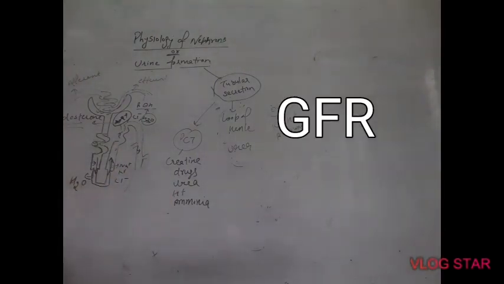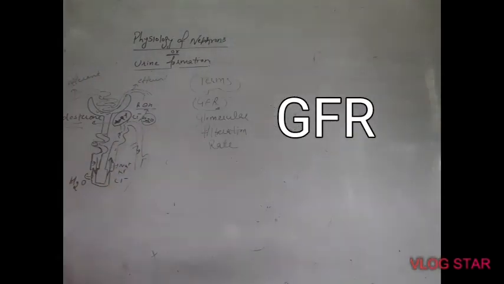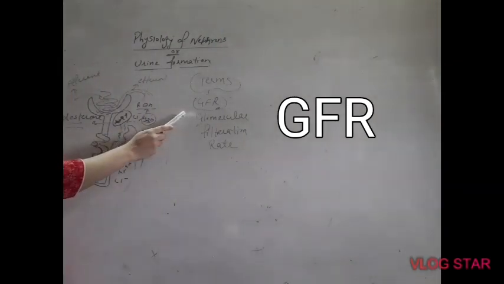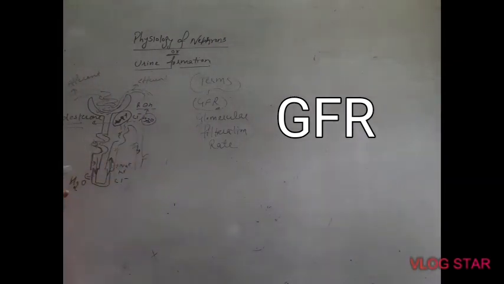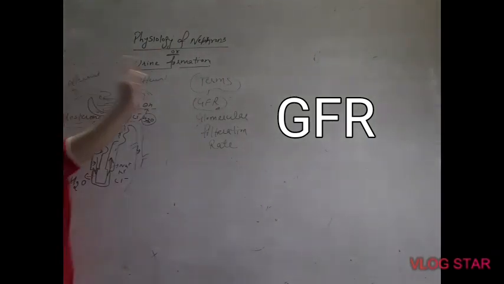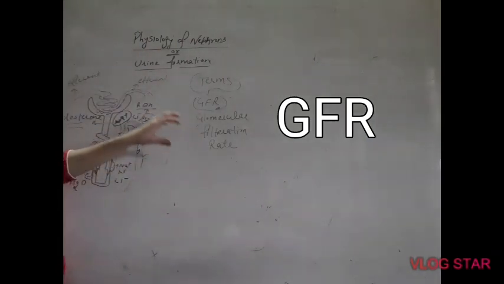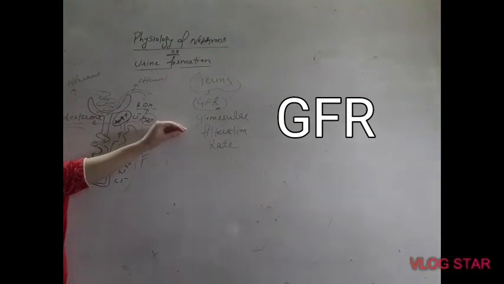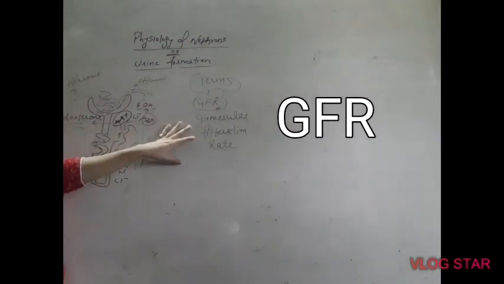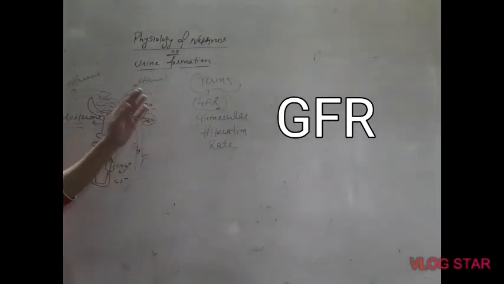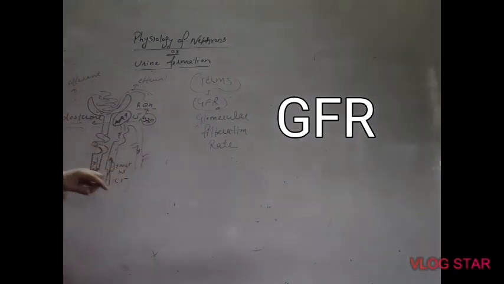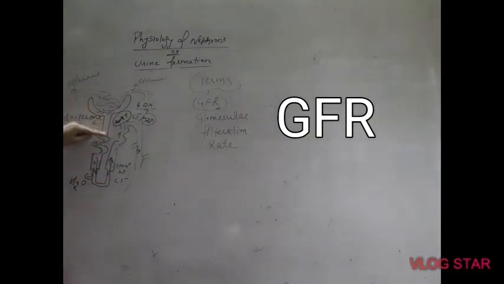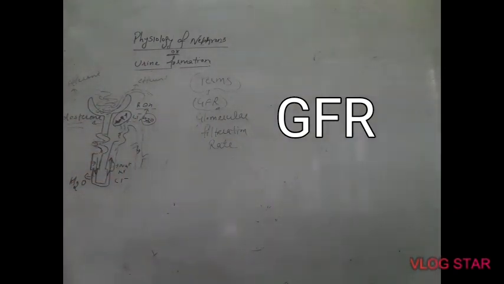You have to learn a few more terms like GFR, which stands for glomerular filtration rate. What does it mean? Glomerular filtration rate means the amount of filtrate produced by both the kidneys per minute, or you can say the amount of filtrate which is produced by the glomerulus per minute.